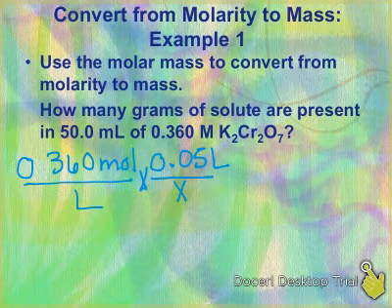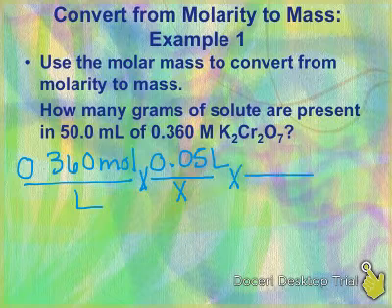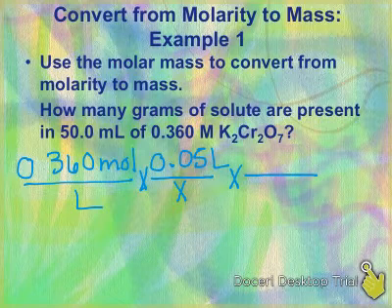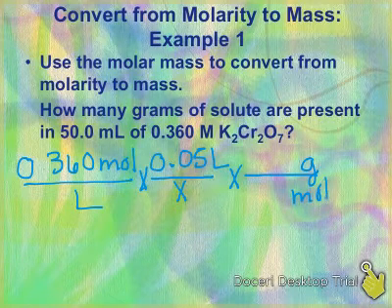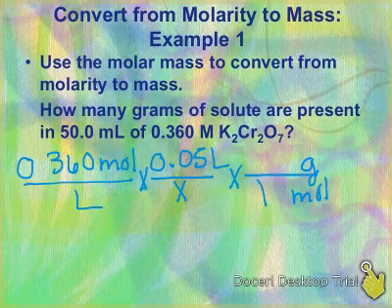grams. So is the grams going to go on the top or the bottom? Grams on top. What's going to go on the bottom of this one? Moles. Okay, 1 mole of this compound has a mass of 294.2.